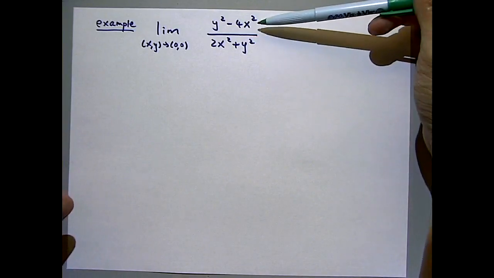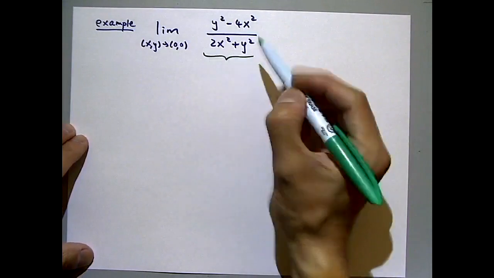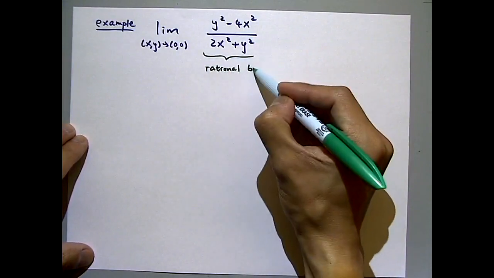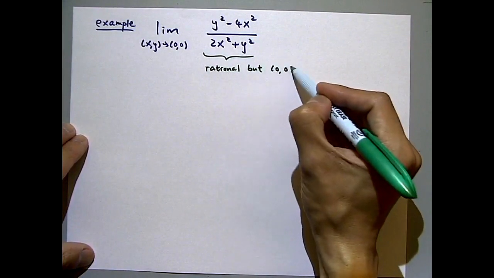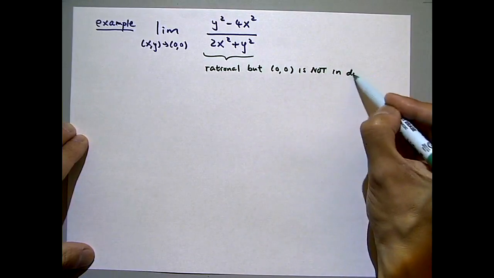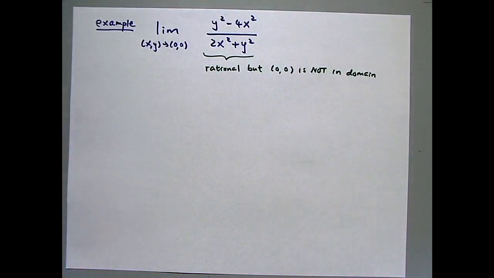We have a polynomial over a polynomial. This is a rational function. But (0, 0) is not in the domain. So we can't be certain that a limit will exist. There's nothing we can say until we actually check it out. So at this point, the answer is maybe, right? Until we check it out.